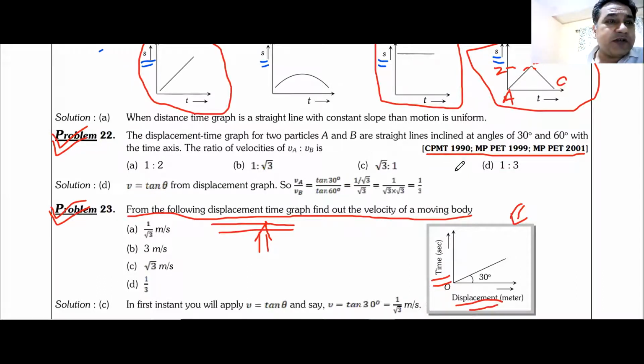This question has come in CPMT. There was some time when it was known as CPMT, your NEET exam. It also came in NEET 2020, a similar question with exactly the same wording.